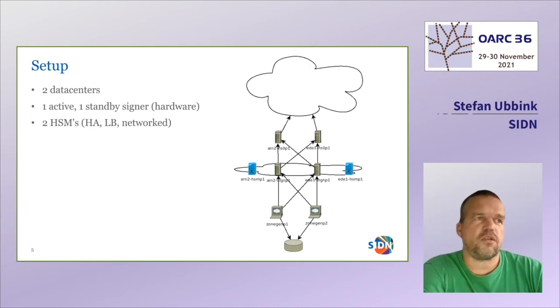Here noted as ARN2 HSM P1 and ARN2 sign P1 for one data center, and the other data center has its own sign P1 and HSM P1. The HSMs in this setup are in a high availability cluster. So when one HSM falls out because the data center goes away, the keys are still available.